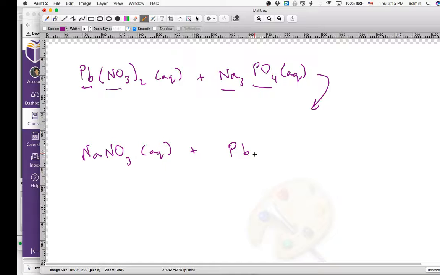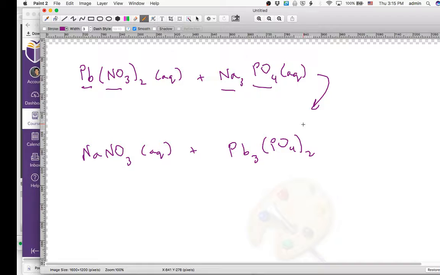This was lead 2, so it goes like this. So the O should be capital. All right. So let me clean that up a little bit. Okay, that's what we get. Now, is this a solution or is it solid? You must consult the solubility rules again. Do you remember this?